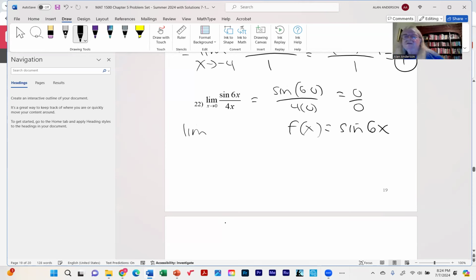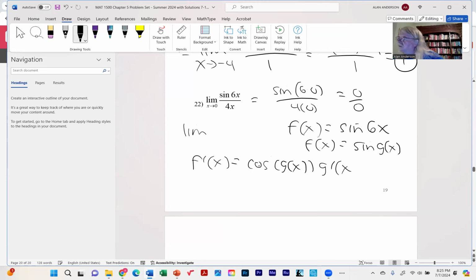Now, we have to be careful with this. By the chain rule, if f of x is sine g of x, then the derivative will be cosine of g of x times g prime of x.